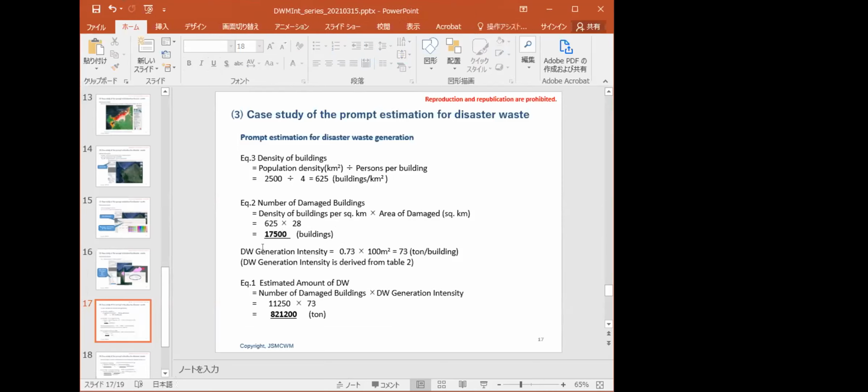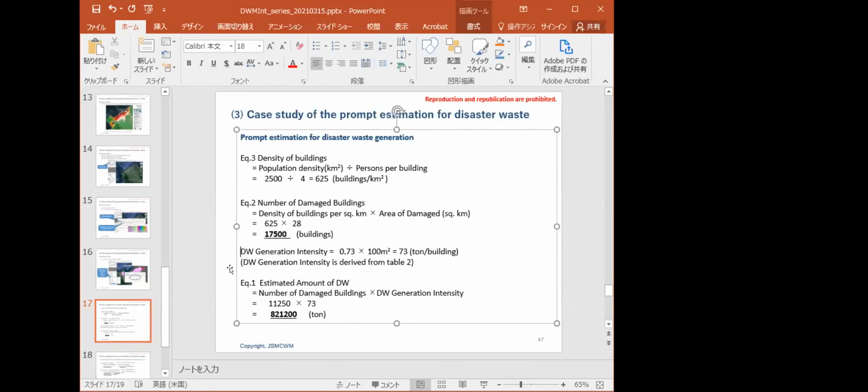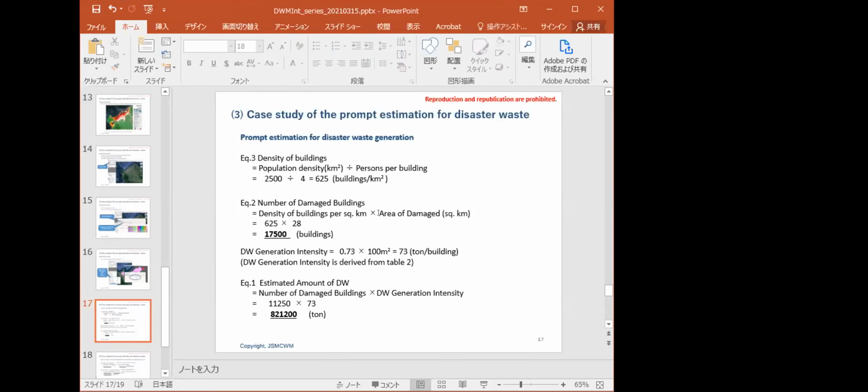And before going to equation 1, we need the disaster waste generation intensity. So this number has been researched in past research.